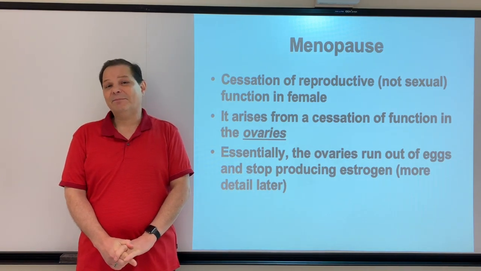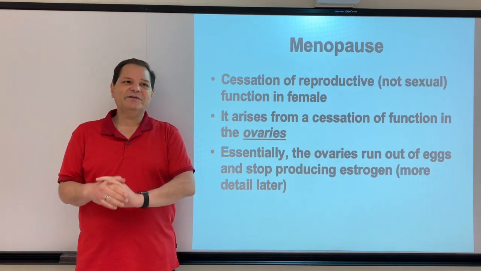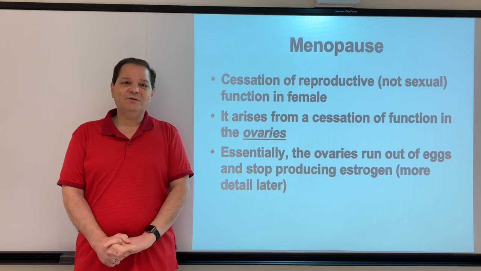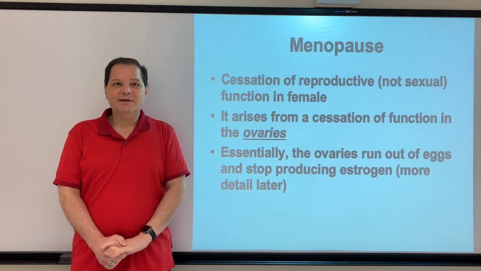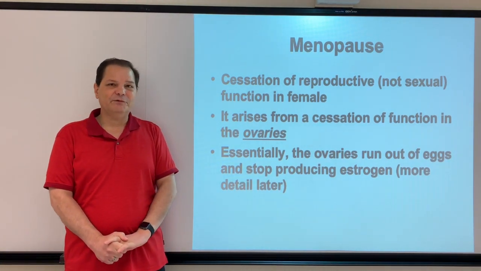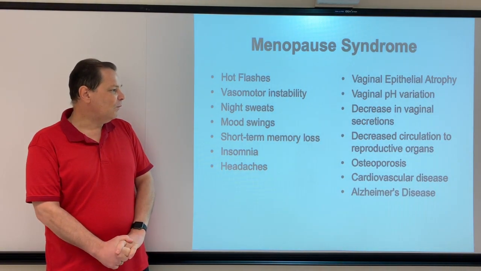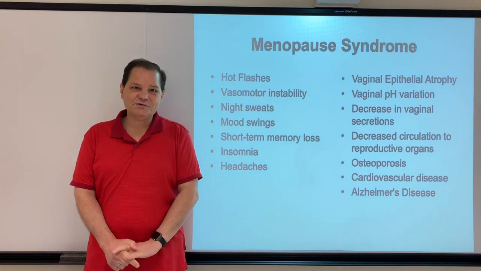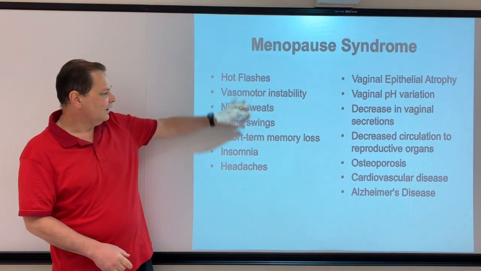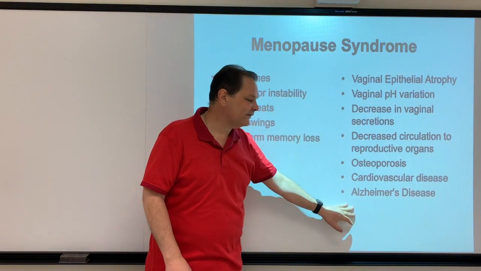And so when you stop producing estrogen, that causes a lot of effects that you get when you lack estrogen in the body, and these produce the typical signs that you see in menopause. I don't want you, at least for the physiology portion of this block, to concentrate a lot on this slide.